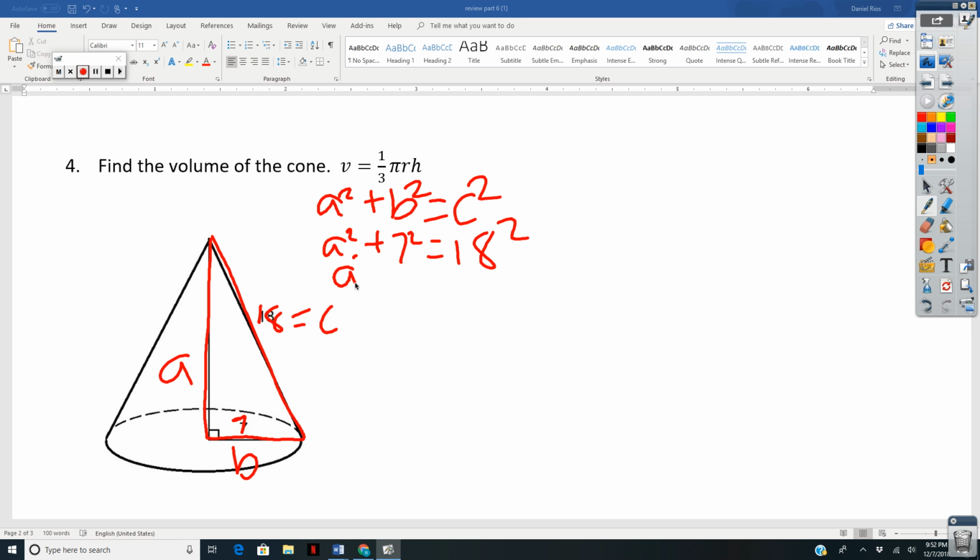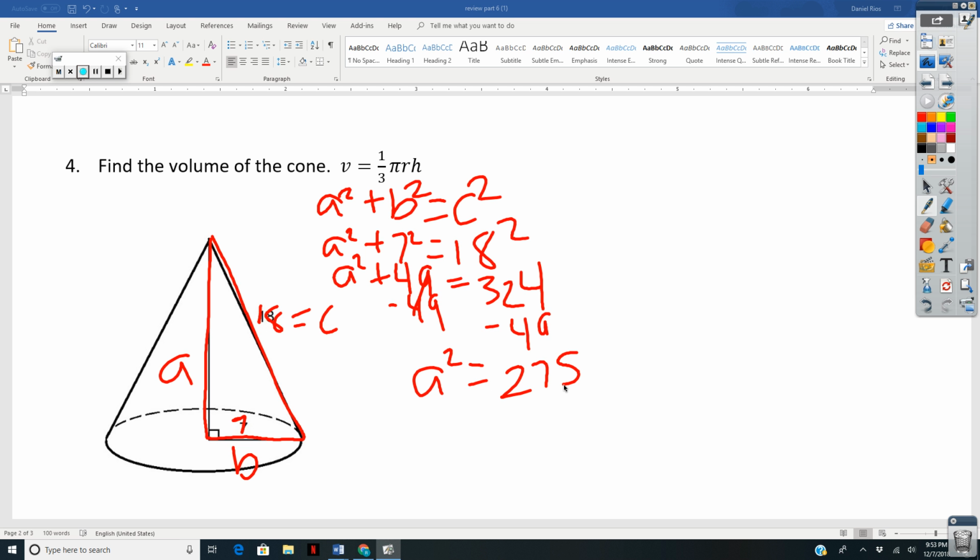So I have a squared plus 49 equals, let me see, what was 18 squared? It was 324. And then I'm going to subtract 49, which gives me 275. So I have a squared equals 275.